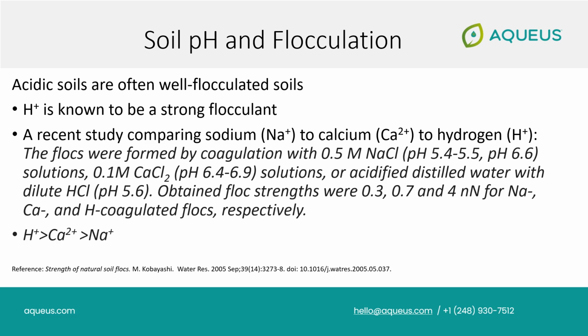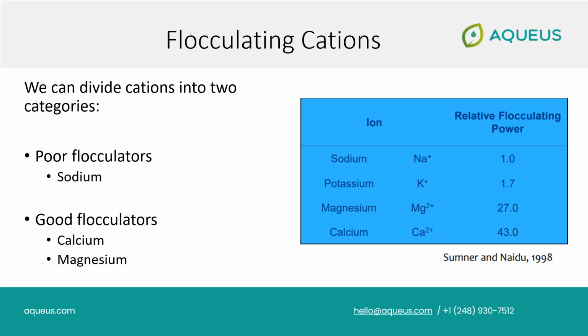So if we look at that study that I'm referring to here, it shows you why we got that chart on the bottom, because we look at the flocculation ability of each of these cations. So if we look at the poor flocculators versus the good flocculators, this is just a review. Sodium is poor, calcium and magnesium are pretty good. Potassium is in between, so it's kind of poor, but it's not as bad as sodium.